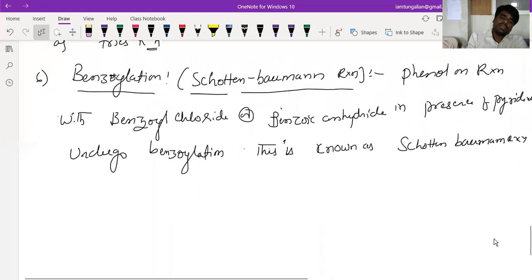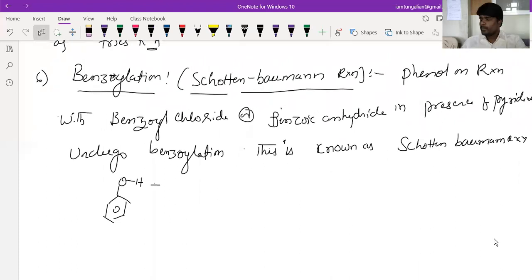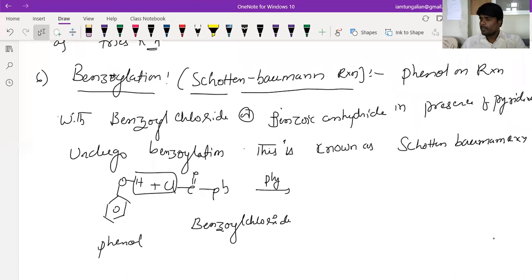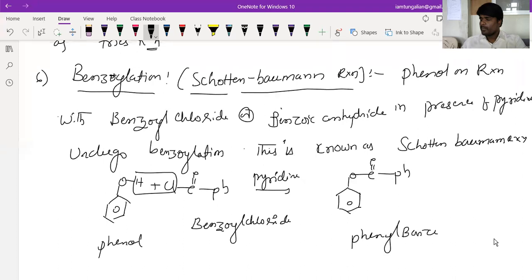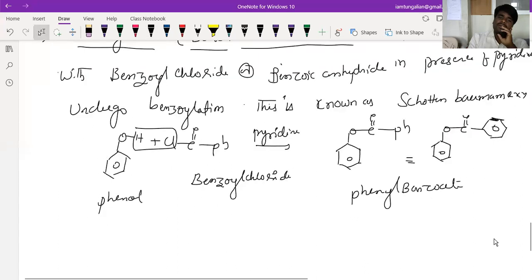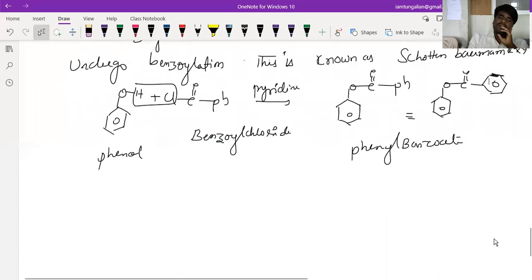What does it mean? Here, if I take this particular one, this is your phenol, this is your benzoyl chloride, in the presence of a base, it forms the compound phenyl benzoate. These are the reactions due to, what, beta?